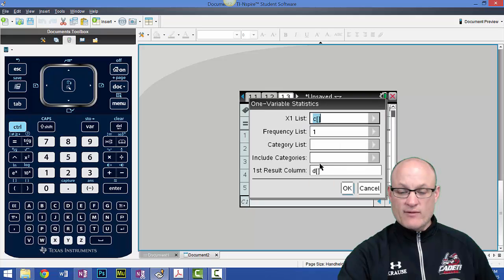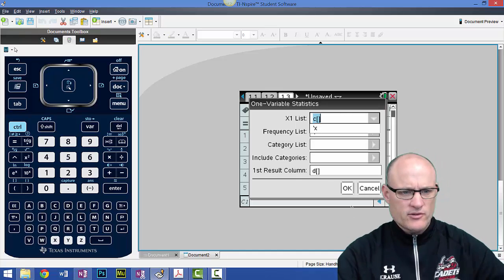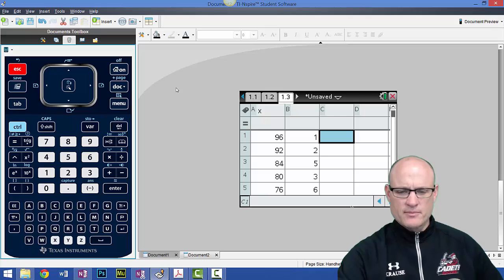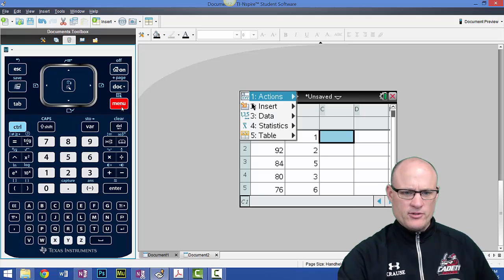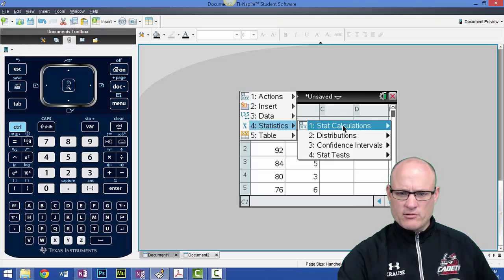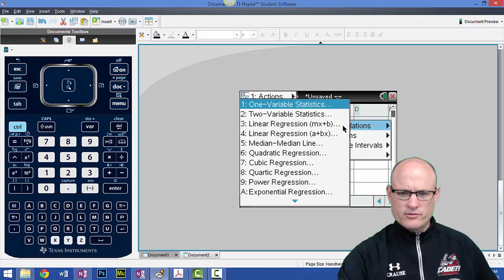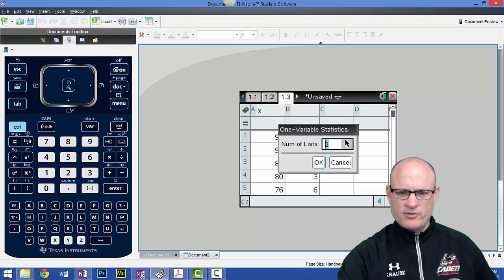I only have one list of numbers, but wait, cancel. Let's hit escape. What's going on? So I go into menu, statistics, stat calculations. Well, it is one variable statistics, but I have two lists.